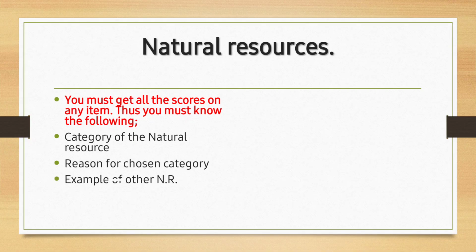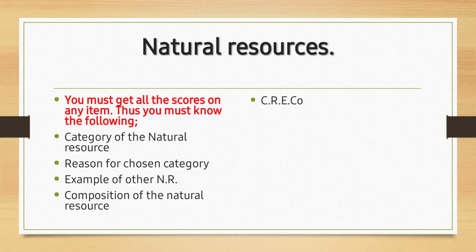And then you must be able to tell us examples of other natural resources. If the category is renewable resources, tell us the reason for the chosen category and other examples of the renewable natural resources in that order. And then finally, we can look at the composition of the natural resource.